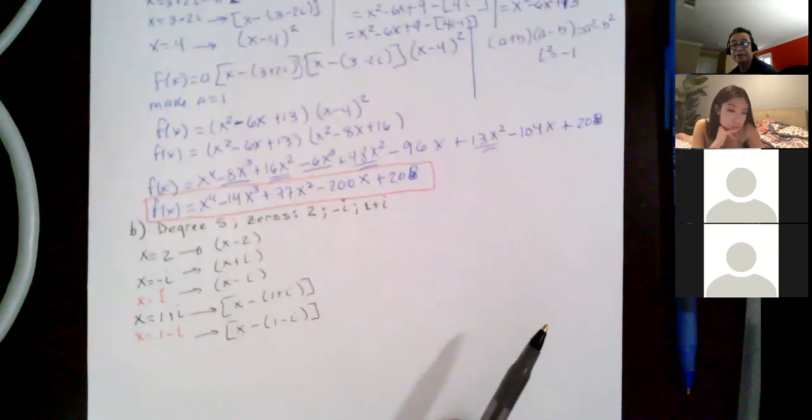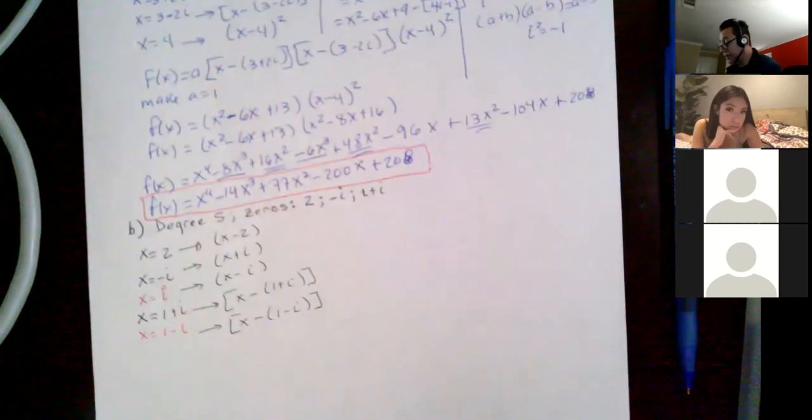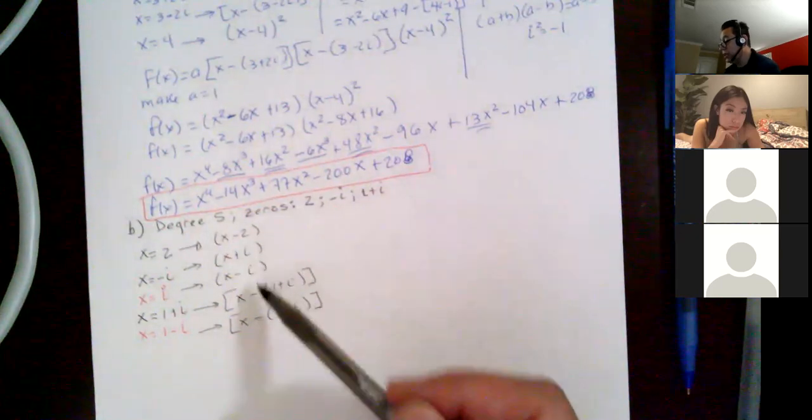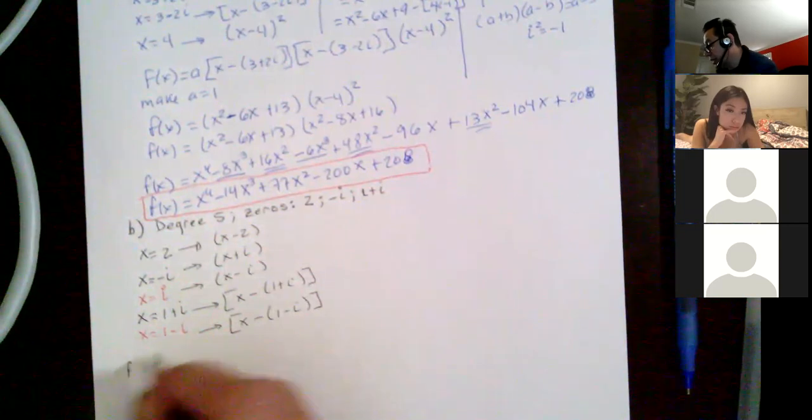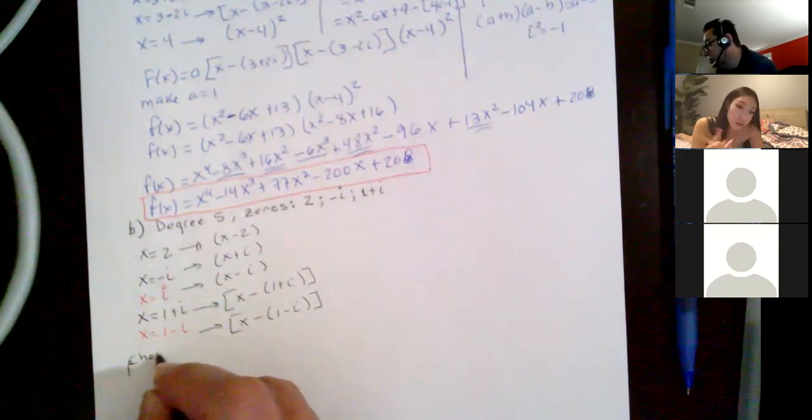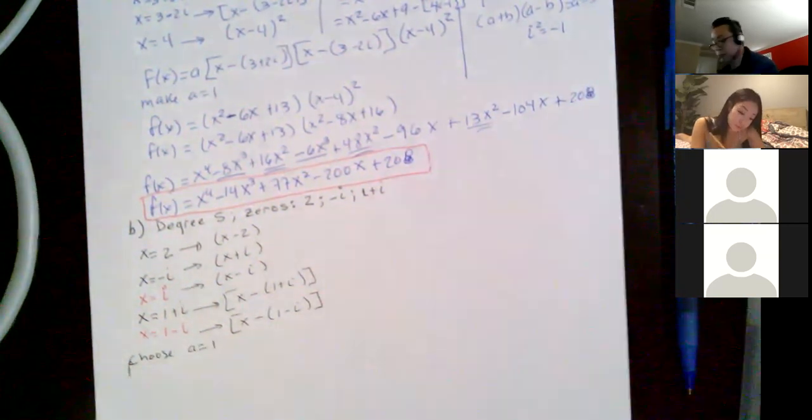Okay. All right? Okay, so you guys, f of x would be the multiplication of all these factors now. For f of x, I would say choose a equals 1.